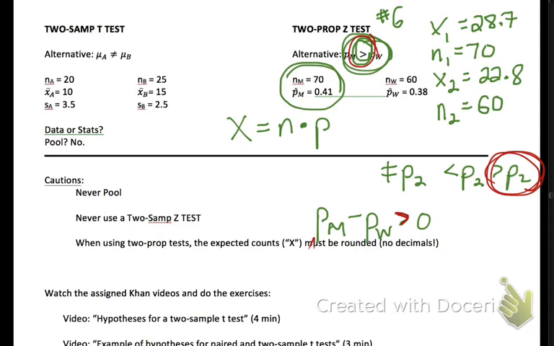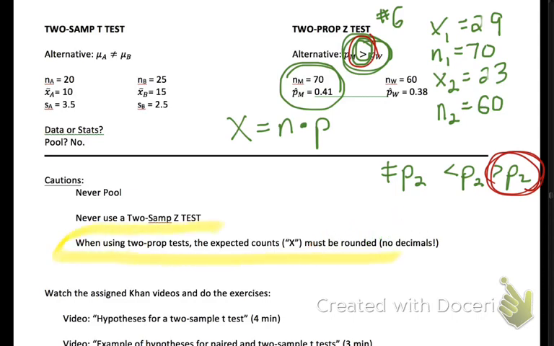So this 28.7 we should have said was 29, and this 22.8 we should have said was 23, rounded to the nearest whole number, as you can see right here on my notes, on your notes.